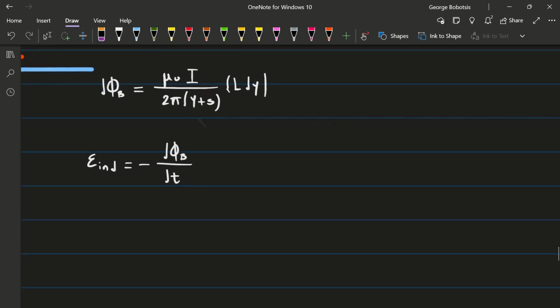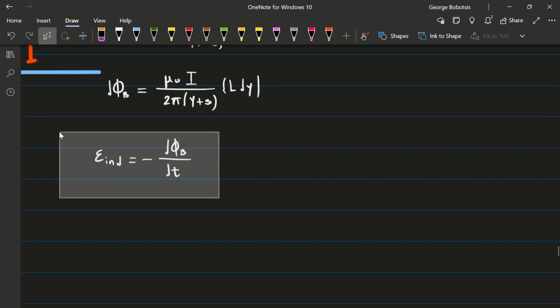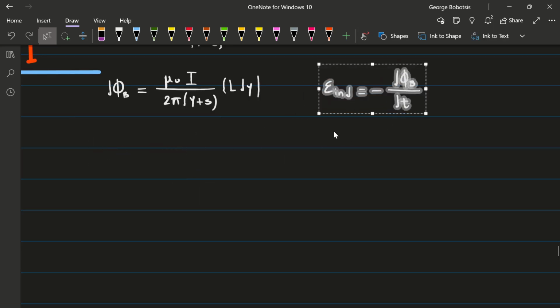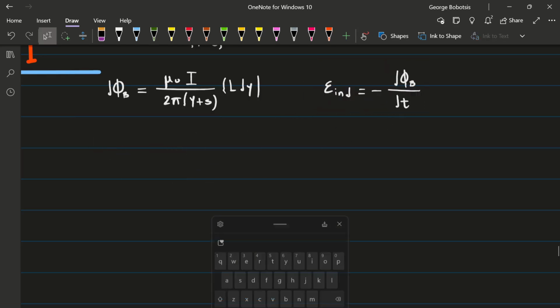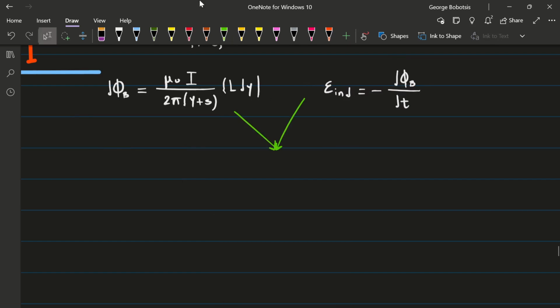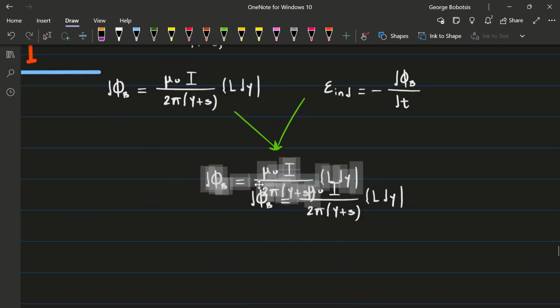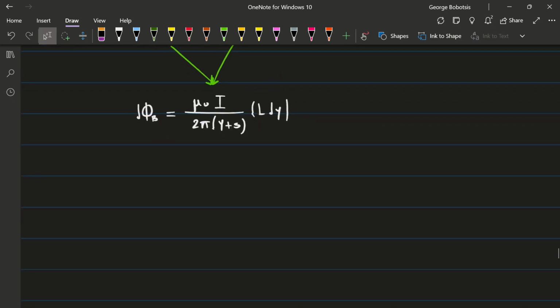I think you can see where this is going. If I take this definition and combine it with what you found over here on the left, all I have to do is, quote unquote, divide both sides by dt.